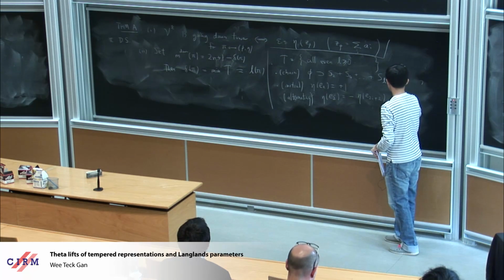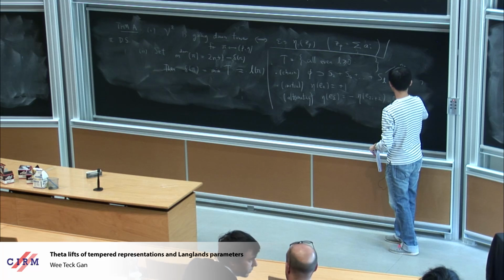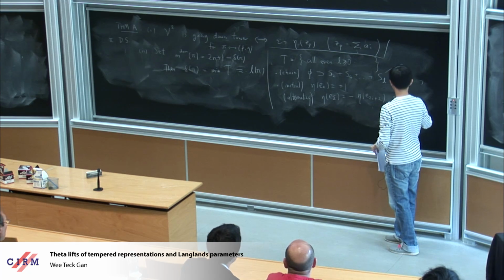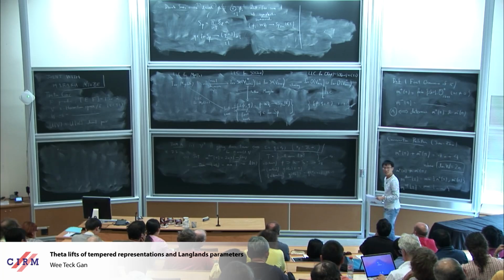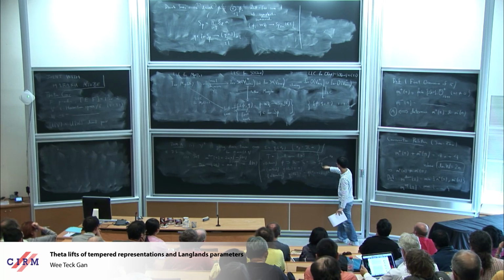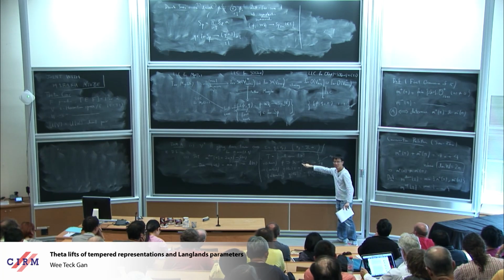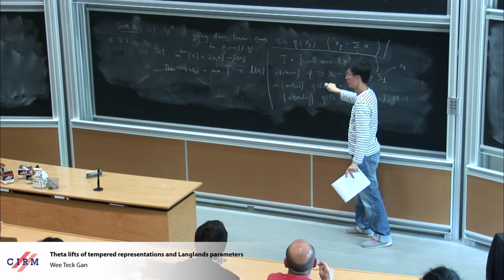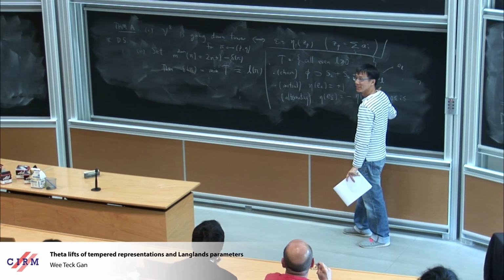So 0 less than or equal to i, less than or equal to something. The E_i is the basis vector corresponding to each of these summands, because my parameter, which is a discrete series parameter, contains these.